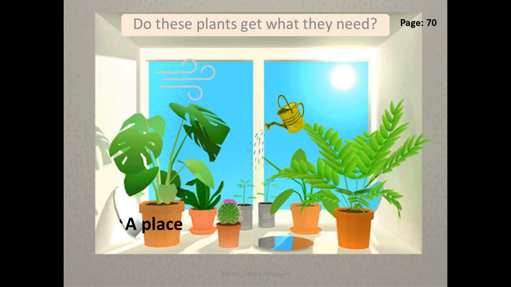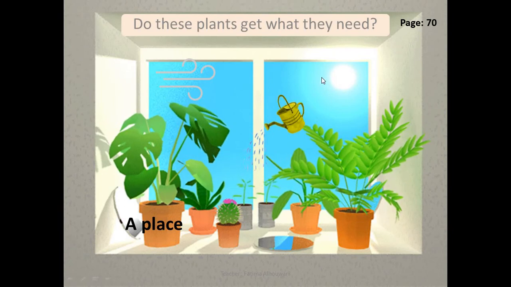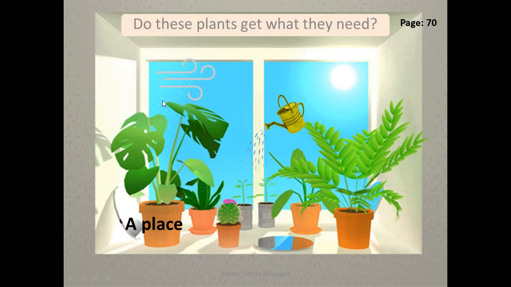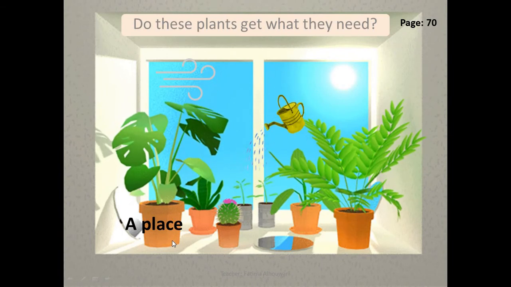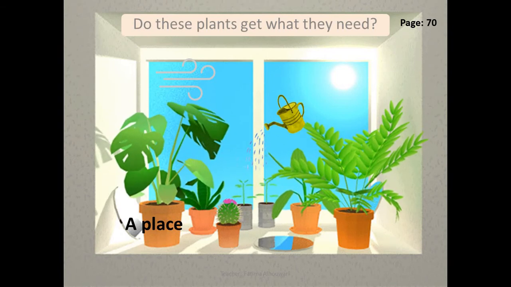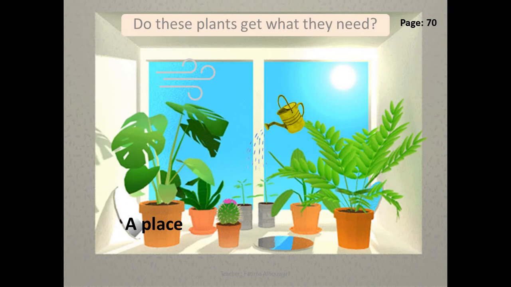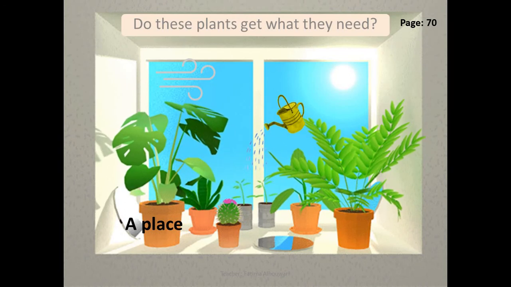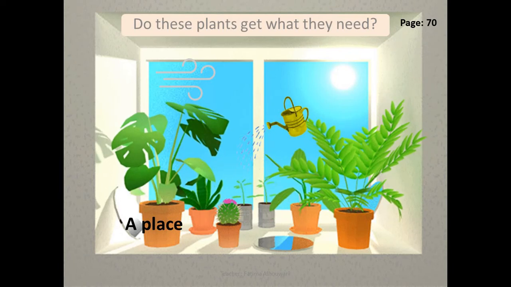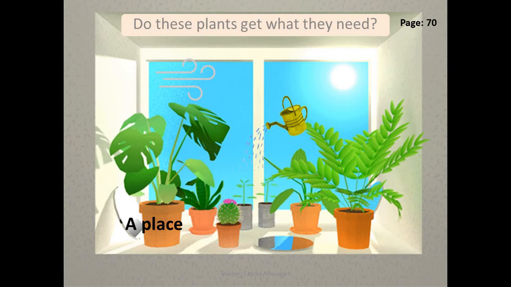So again, grade 1, the plants need sunlight, water, air, and a place to live and grow. Interesting. So, when the plant gets everything they need, they will survive. They will live and grow.